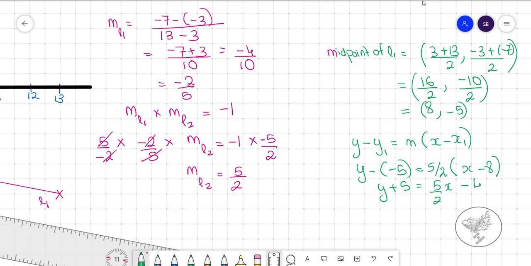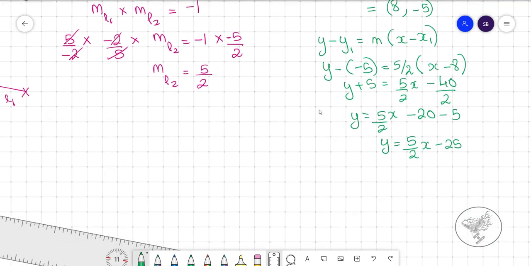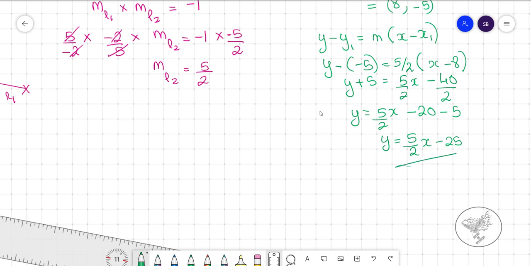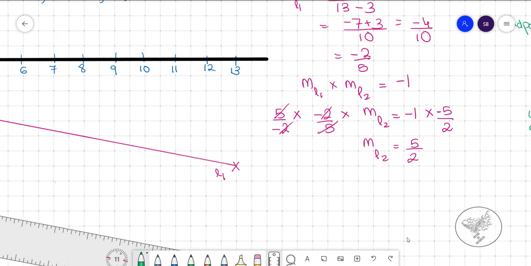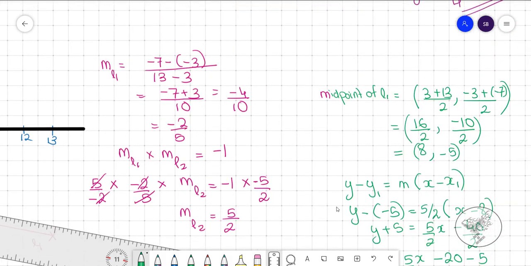So 5 over 2x minus 40 over 2. That is equal to y is equal to 5 over 2x minus 20 minus 5, which is y is equal to 5 over 2x minus 25. So this is the equation of the perpendicular bisector.